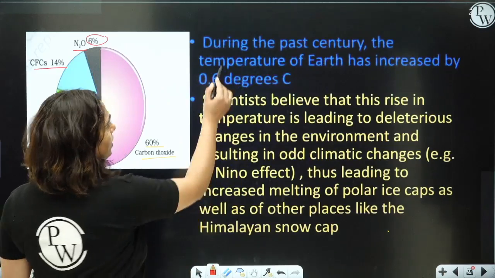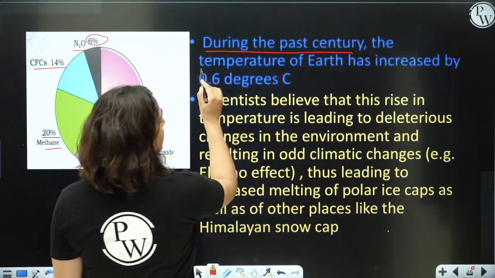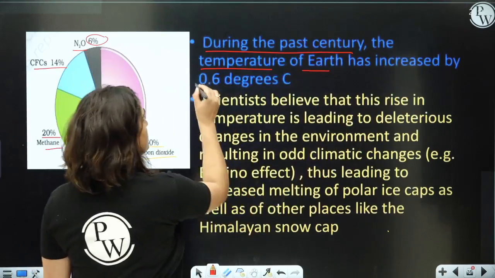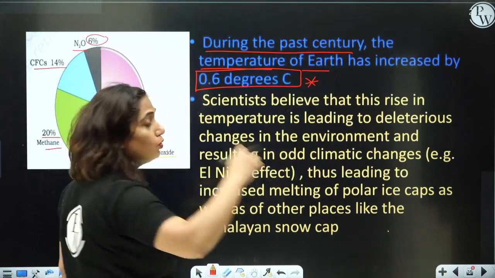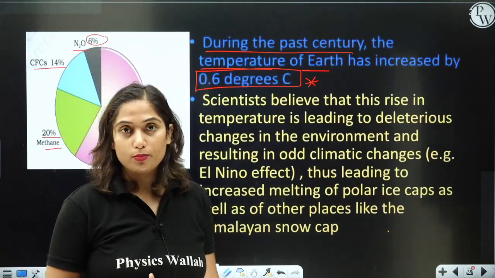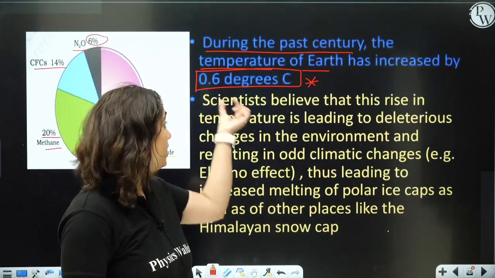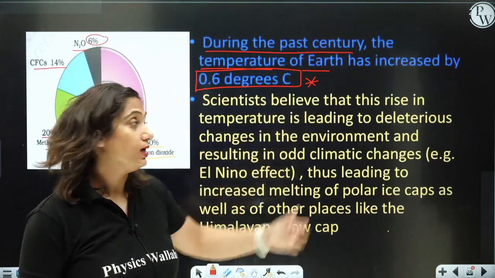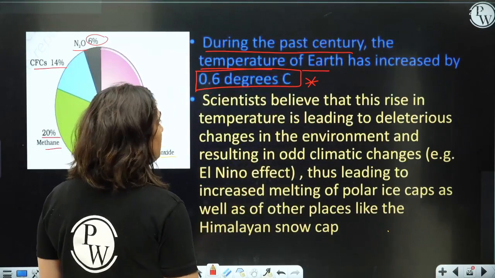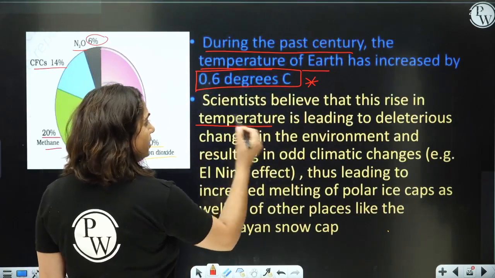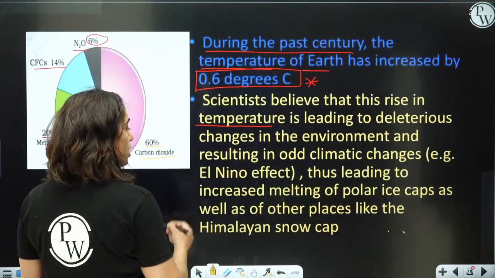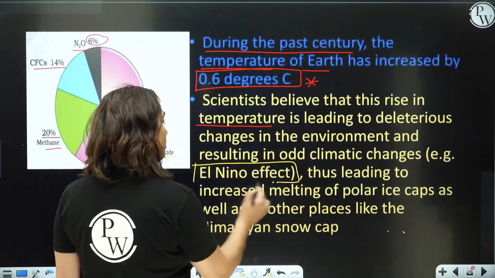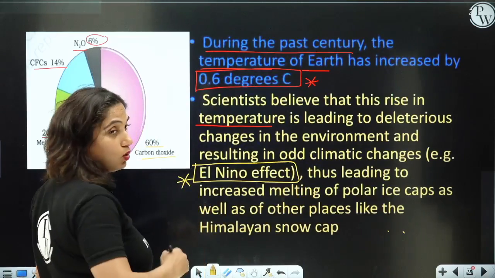Okay, so during the past century, the temperature of Earth has increased by 0.6 degrees centigrade. Due to global warming, the annual temperature of Earth has increased by 0.6 degrees centigrade. Scientists believe that this rise in temperature is causing deleterious effects, which are causing a very harmful effect called the El Nino effect.